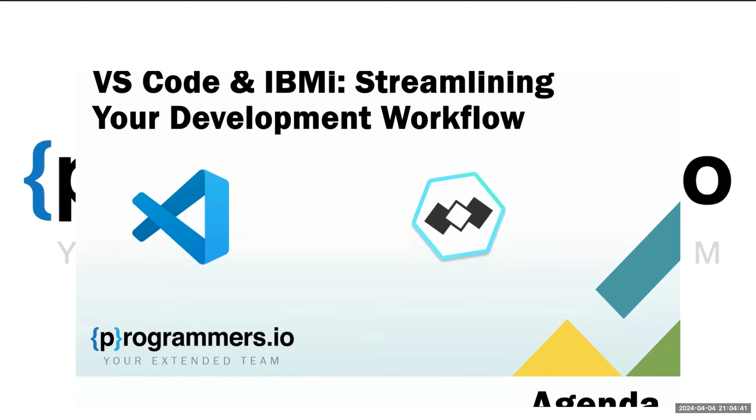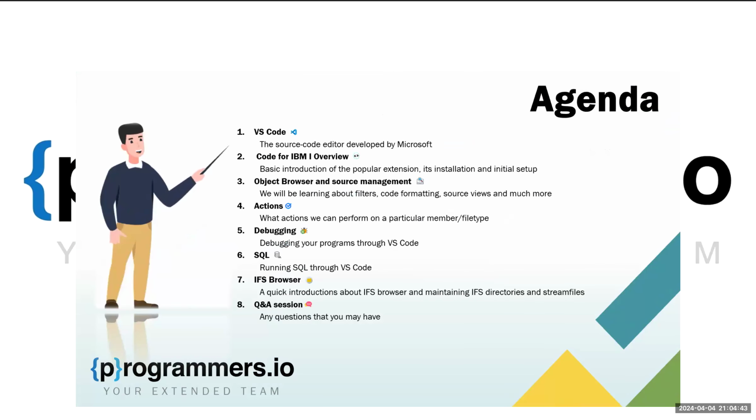Starting with today's agenda, I will be giving a basic introduction about the VS Code editor and its history. Then I will be walking you all through the Code for IBMi extension and the development pack that is available to us in the extension section.